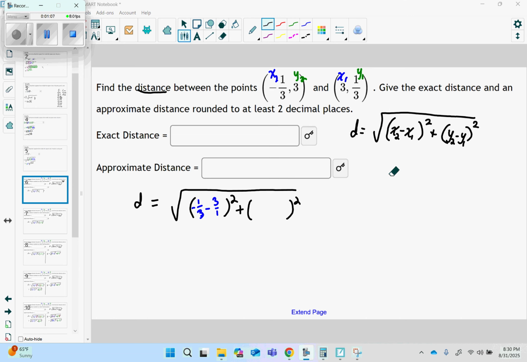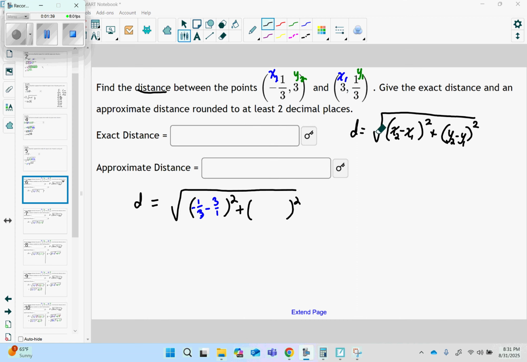And it doesn't make a difference because honestly, you can label these points however you want, as long as you're subtracting the x values and subtracting the y values, right? So we're subtracting the x values here, subtracting the y values here. As long as you are careful to write things down with their signs and simplify everything correctly, no matter which point you consider to be the first point or the second point, it doesn't make a difference.